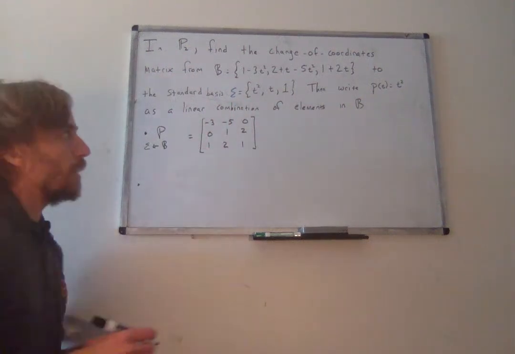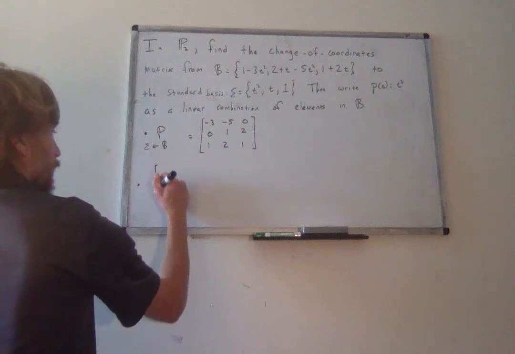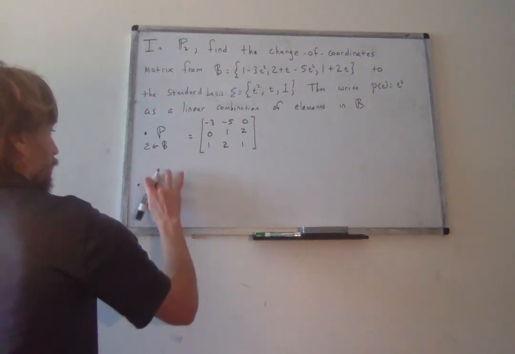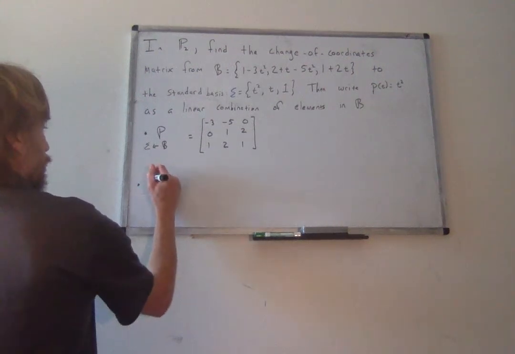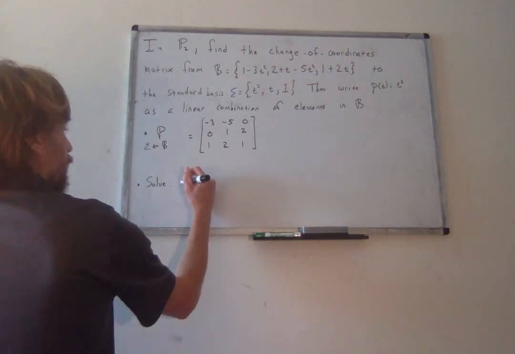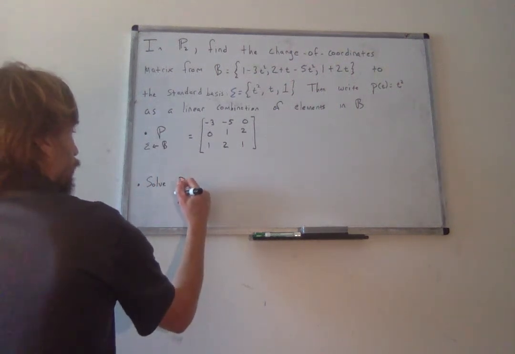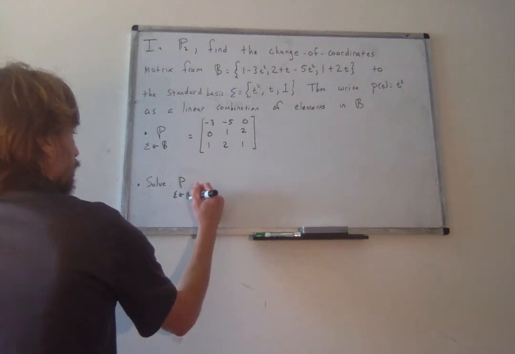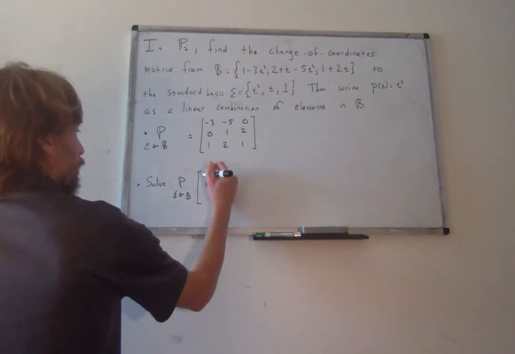And so if we want to write p of t in terms of the basis B, we want to solve the following matrix equation.